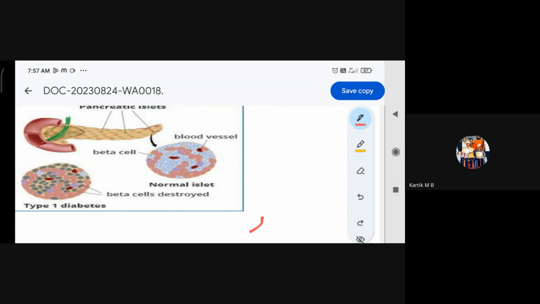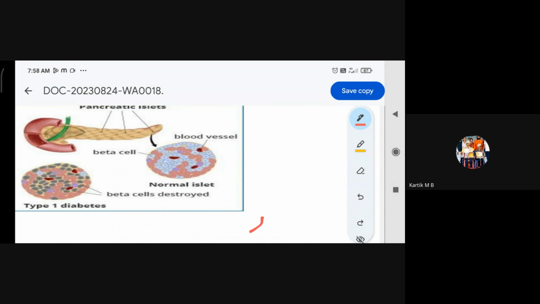So our cells are not getting nutrition. Because of the dysfunction of insulin receptors, blood glucose cannot enter the cell. The cell needs glucose, but it cannot have glucose because glucose cannot enter without the help of insulin, and insulin receptors are dysfunctional in the cell membrane.